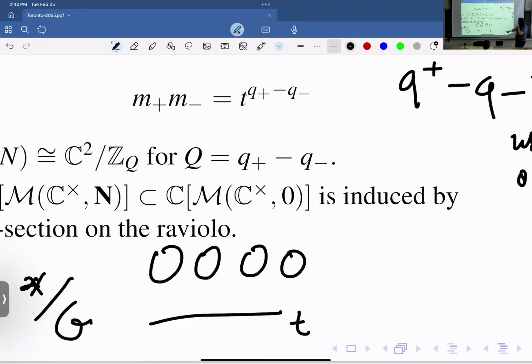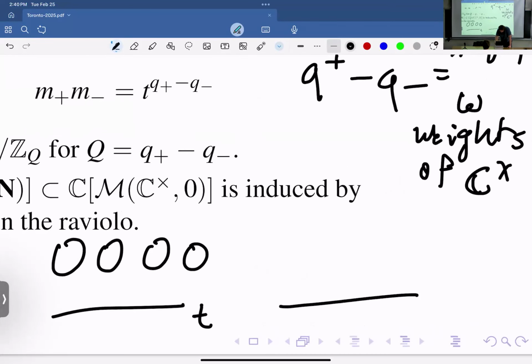Now what happens when I do this modification? If T is not 0, nothing changes. So now I have my picture, here's my T, and I have my C stars, but I should think about these C stars as shrinking a little bit. And then over T equals 0, I get something really different.